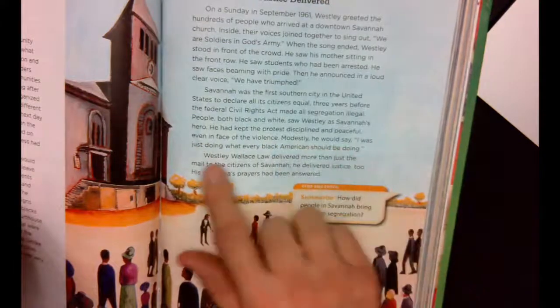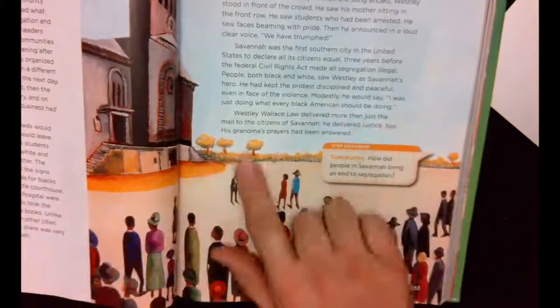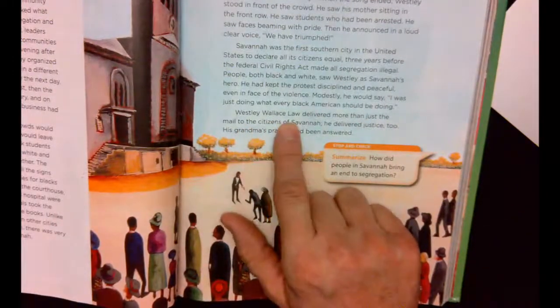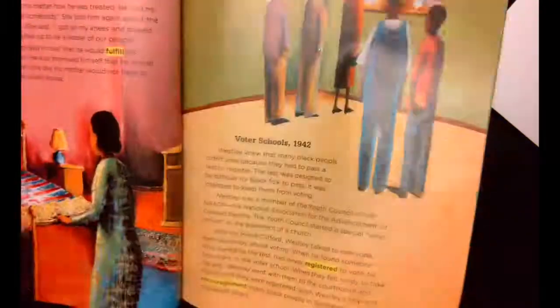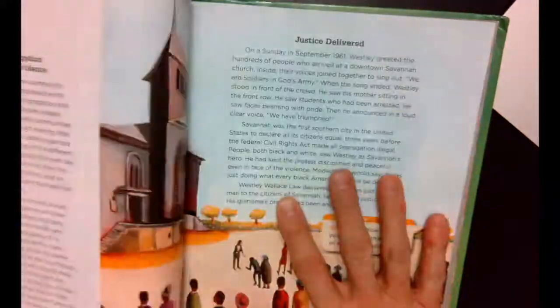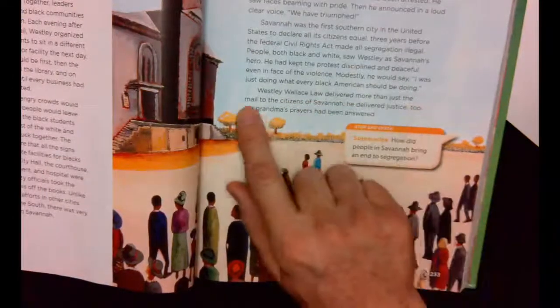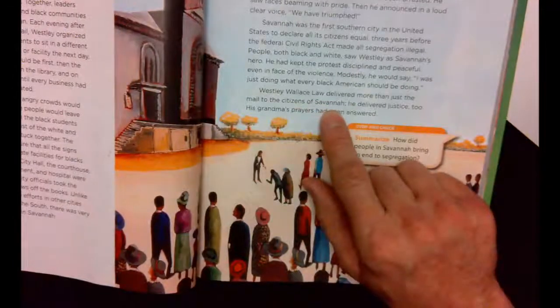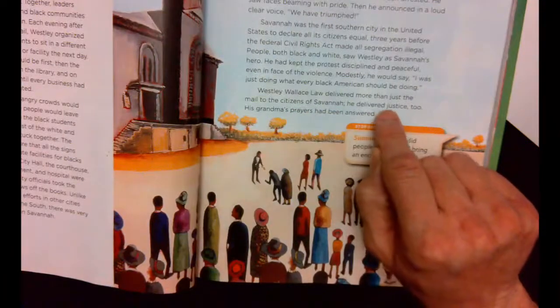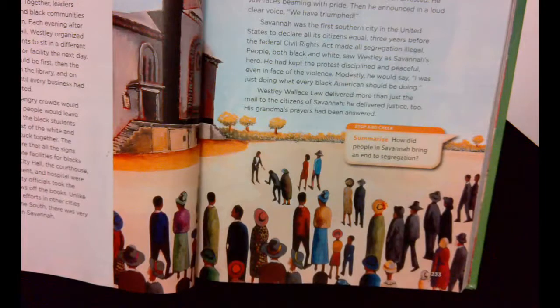Modestly, he would say, "I was just doing what every black American should be doing." Wesley Wallace Law. Now, it took us all the way to the end to figure out the title, W.W. Law. That's his name. Wesley Wallace Law delivered more than just the mail to the citizens of Savannah. He delivered justice too. His grandmother's prayers had been answered.